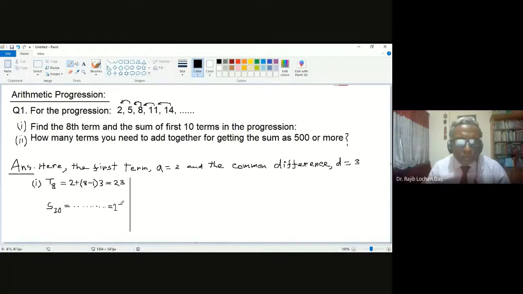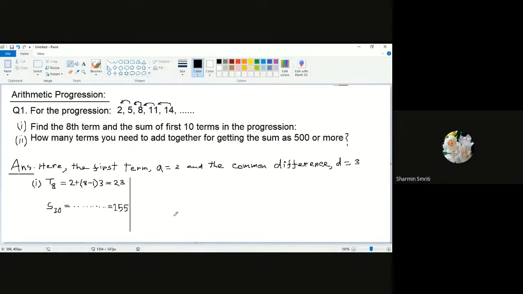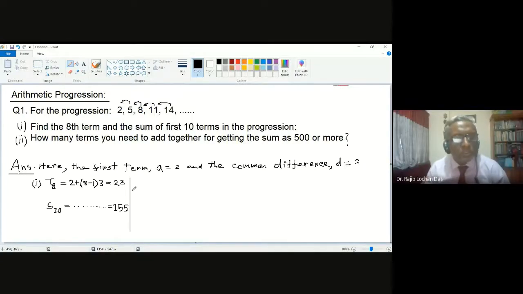Everyone do the calculation and check, is this the same answer or not? Sir, same answer. So these two are correct answers. This is the first part of the question.